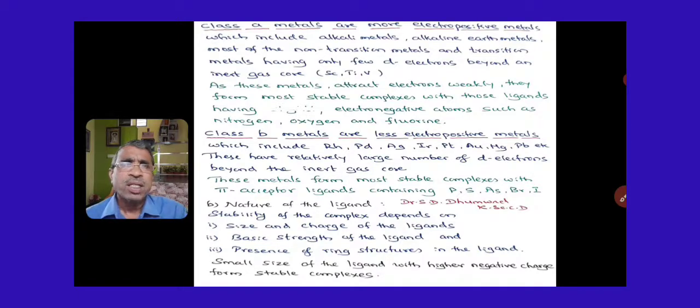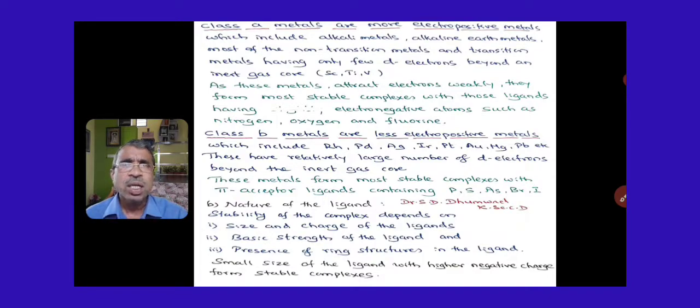Coming to the second type, that is the nature of the ligands. Stability of the complexes depends also on the size and charge of the ligands, basic strength of the ligand and presence of ring structures in the ligand.